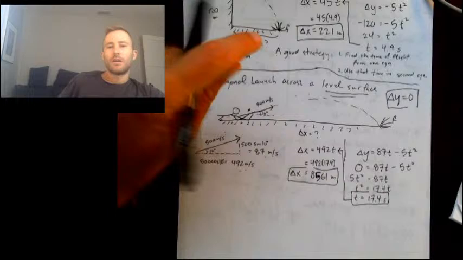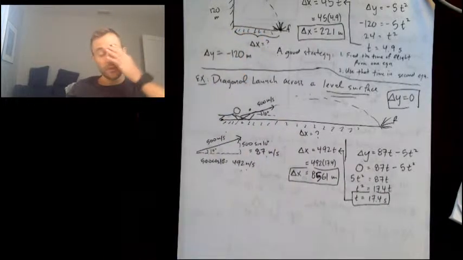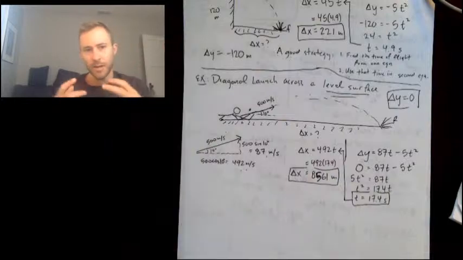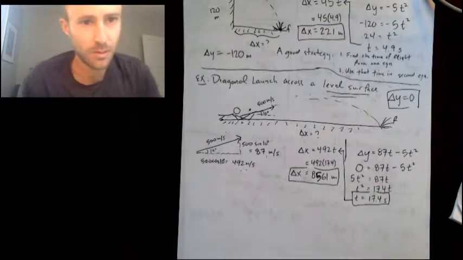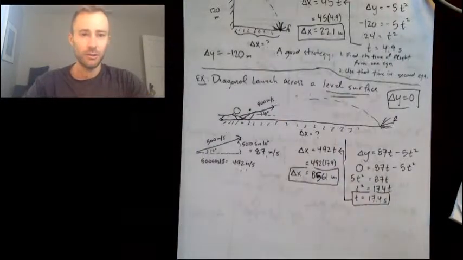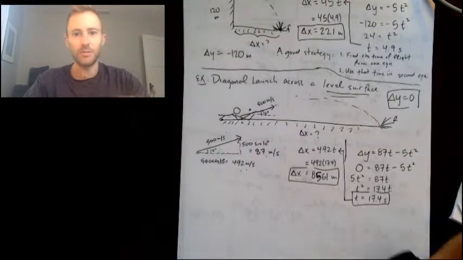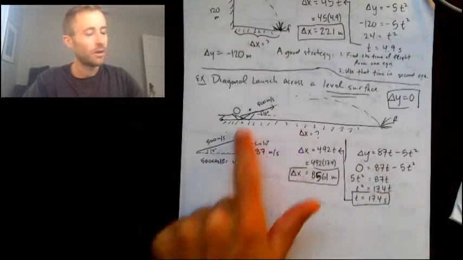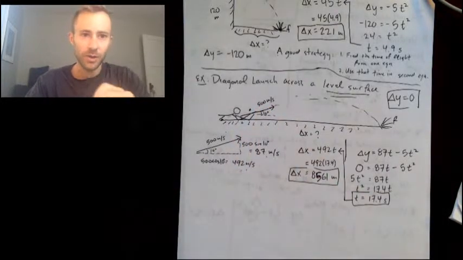Okay, I want to stress for this one that's really an approximation. Because now, what makes something very susceptible to air resistance? Something is susceptible to air resistance if it's moving very fast, which a bullet is, and if it's very light, which a bullet is.